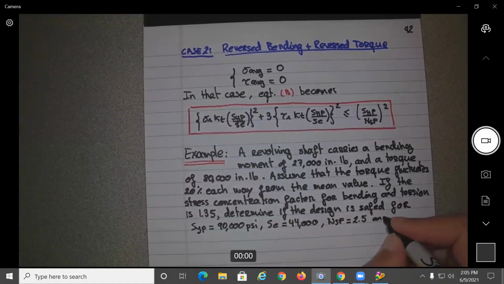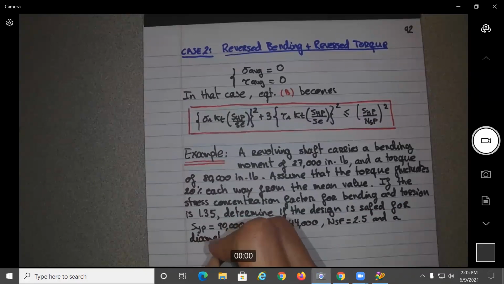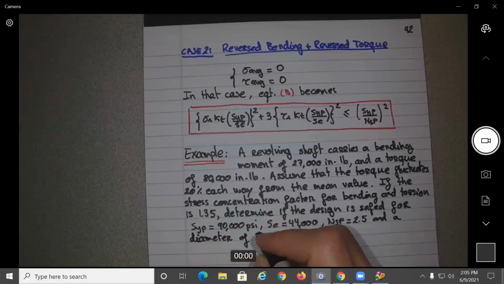And the shaft has a diameter of 3.375 inches.